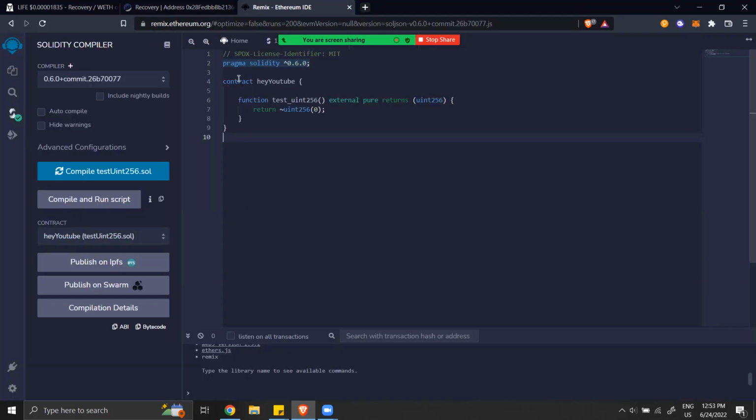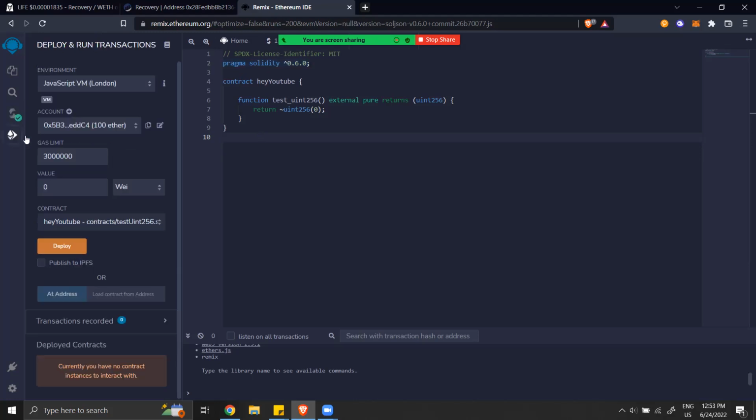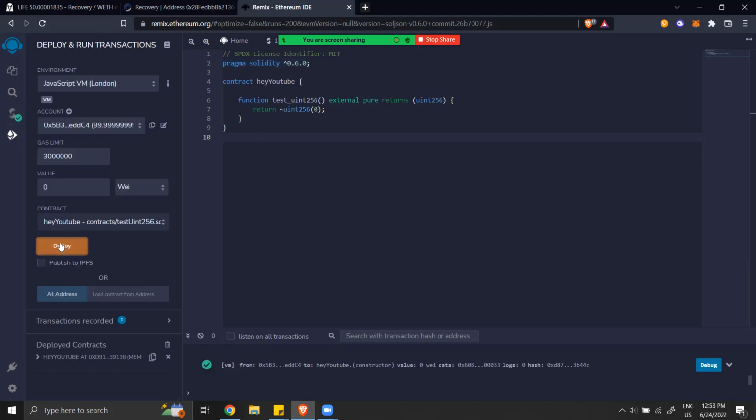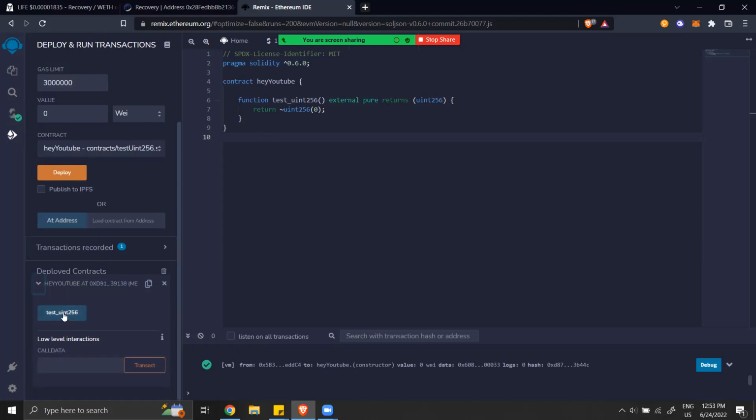I made a test in Remix to demonstrate what this number will be. So on Remix, okay, we compile it and then we deploy it on local. Okay, it's here. And when we call that function, what do we have?